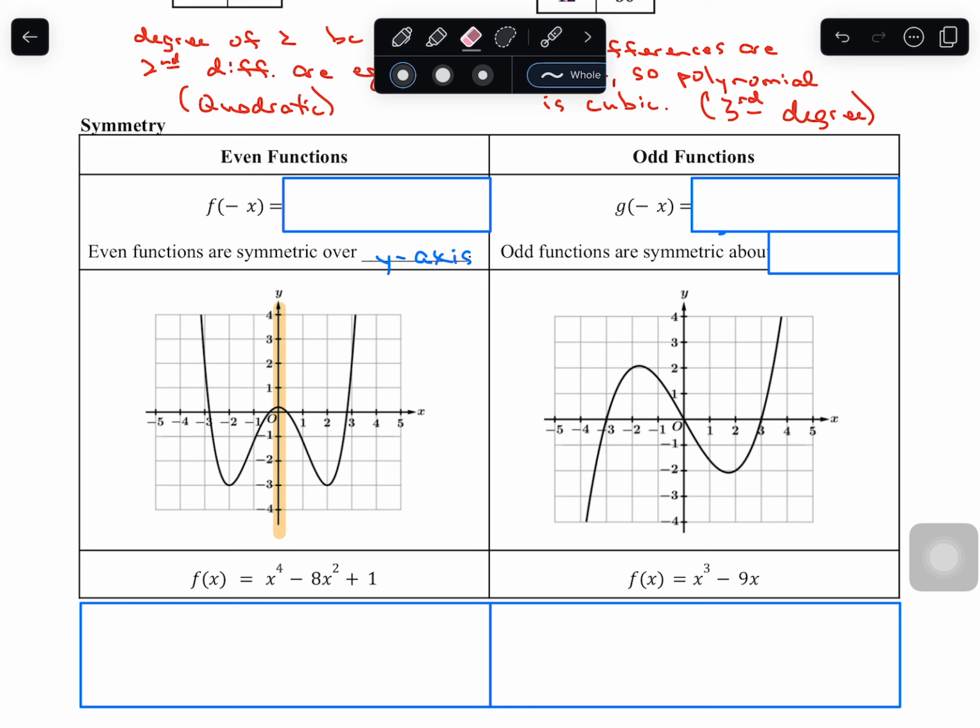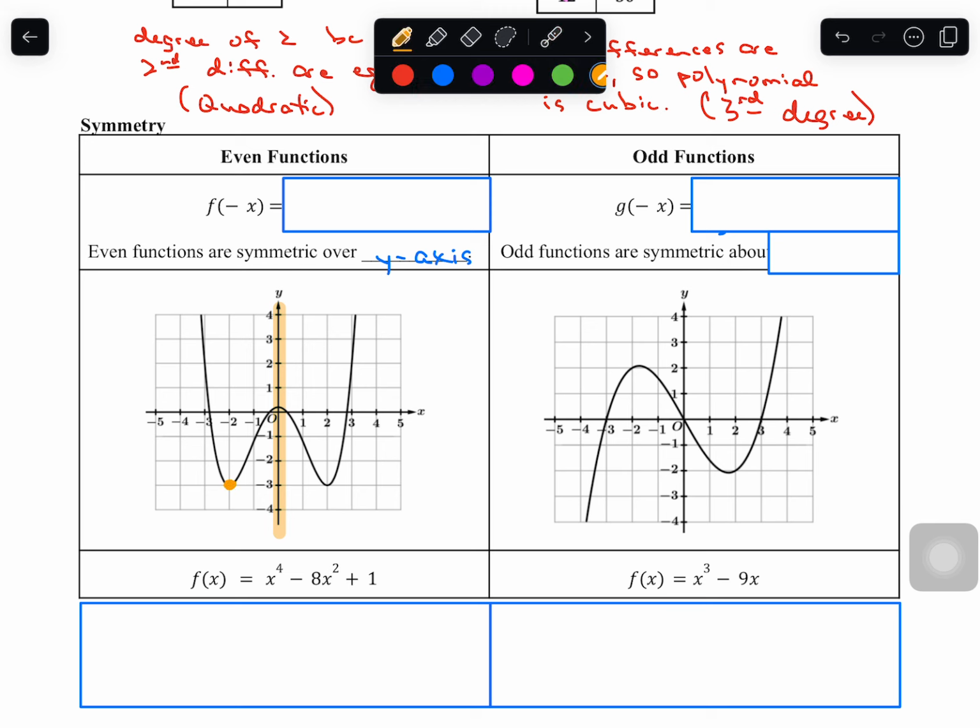What this means, and before I show you the math part of it, the fancy notation, I'm going to show you an ordered pair. Basically, if I take a look at f of -2, evaluate what the function will be when x is -2, and I compare that to when x is 2, so the opposites, a -2 and a 2, a -3 and a 3, a -4 and a 4.